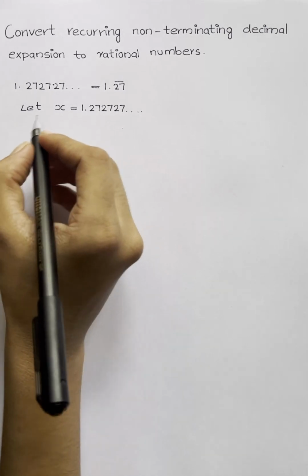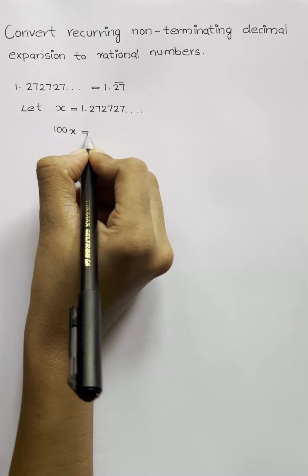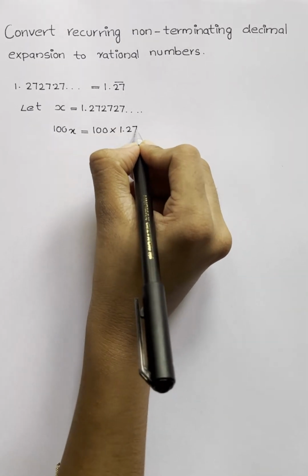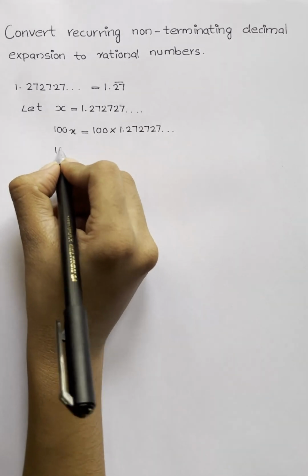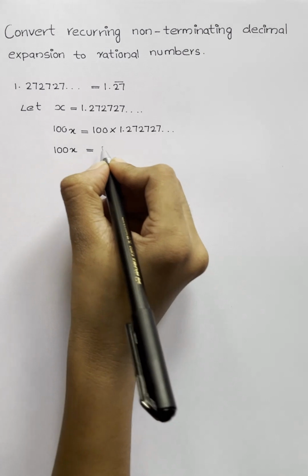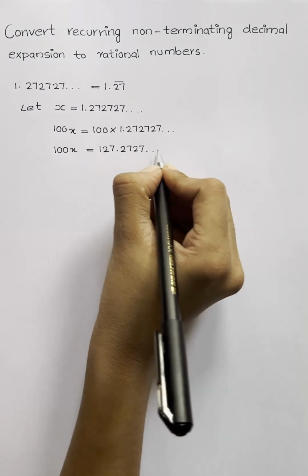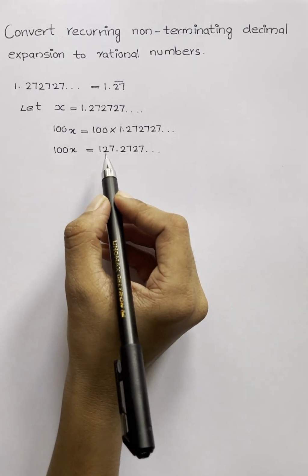So we multiply x by 100, that is 100x equals 100 into 1.272727, etc. That is 100x equals 127.2727, etc.